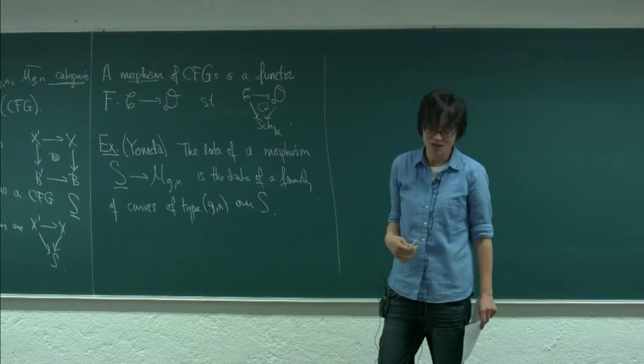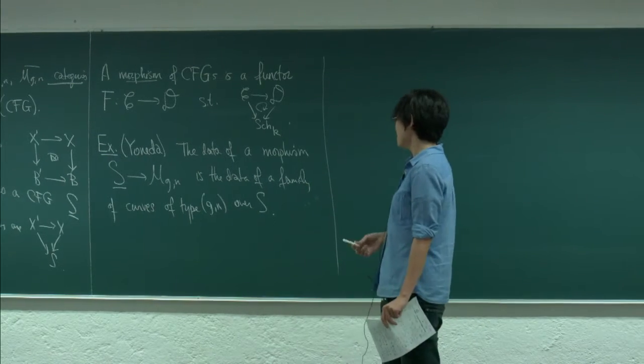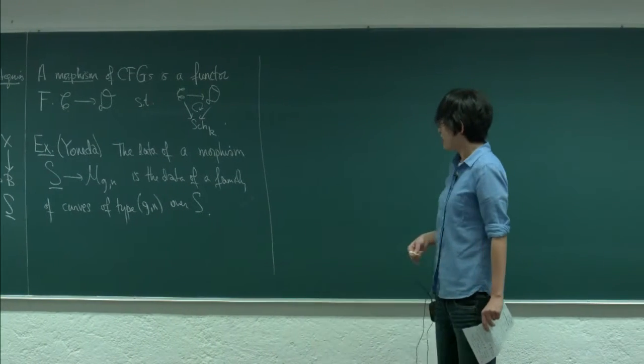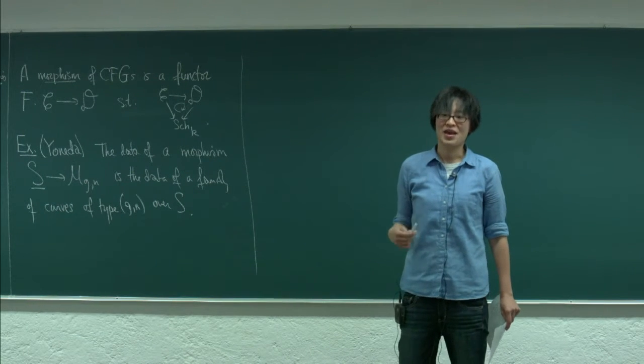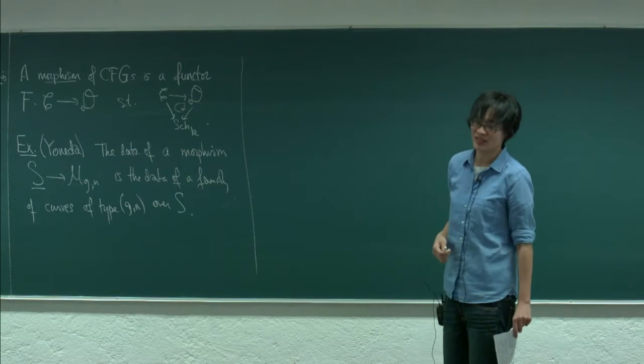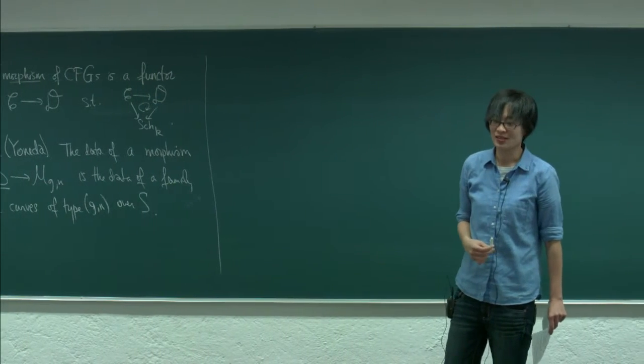And those conditions sort of ensure that the resulting objects behave a little more geometrically. They sort of behave almost as if they were schemes, even though they're not schemes on the nose.